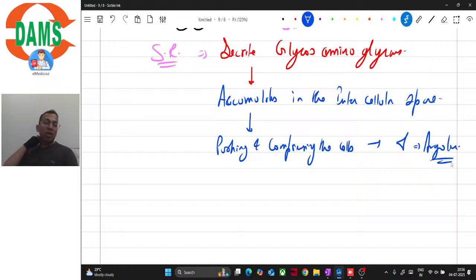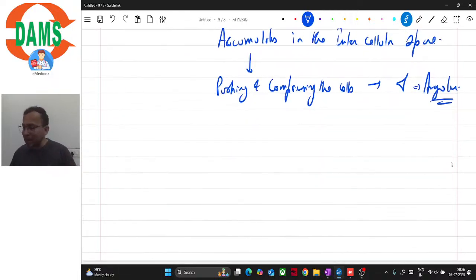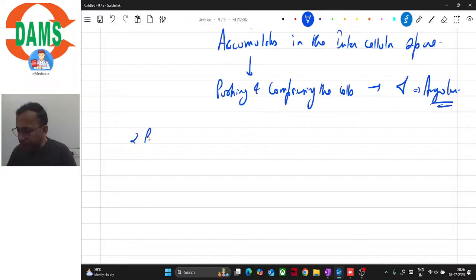Isn't it? So what is the role of this glycosaminoglycan? We have discussed it in amelogenesis. They provide transient nutrition to ameloblasts, isn't it? Apart from that, they also act as a shock absorber, protecting the inner enamel epithelial cells from any physical injury, right? So it has two roles.